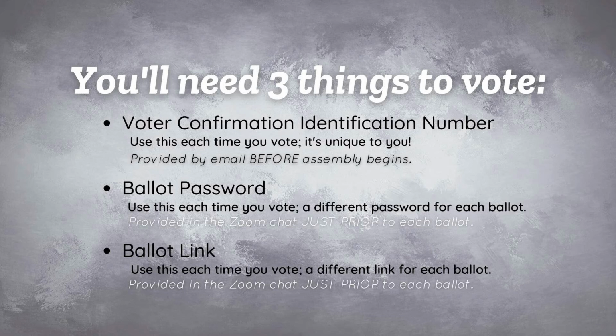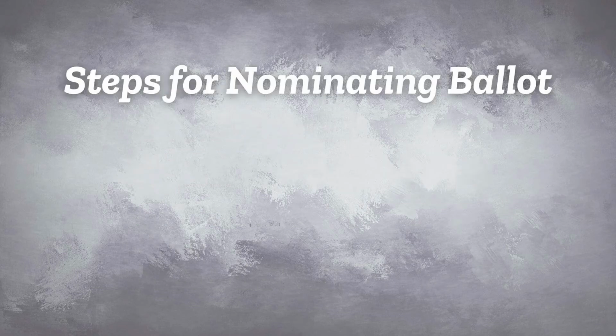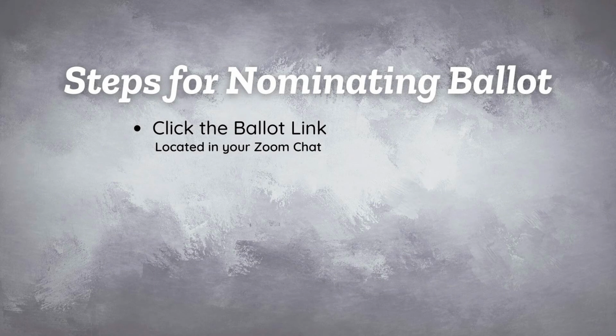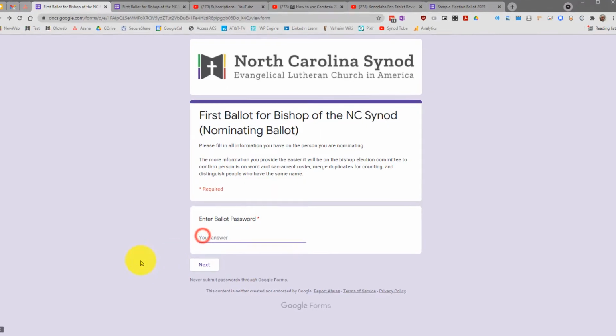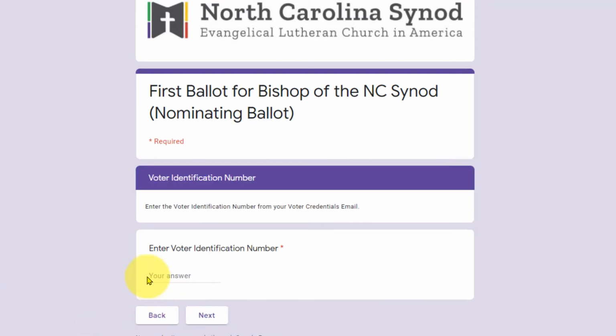So let's now begin with how to vote for bishop using the nominating ballot. The first thing you'll do is to click the ballot link. If nothing happens, try it again, or copy and paste the link into a new tab on your web browser. When the link opens, then enter the ballot password and click Next. Then you'll enter your voter identification number and click Next.